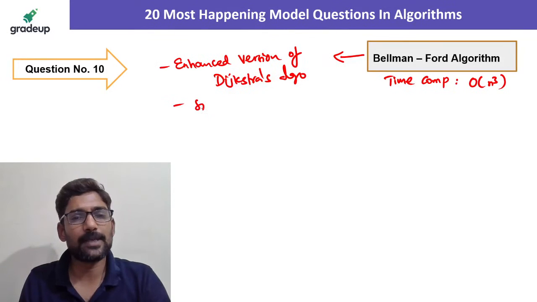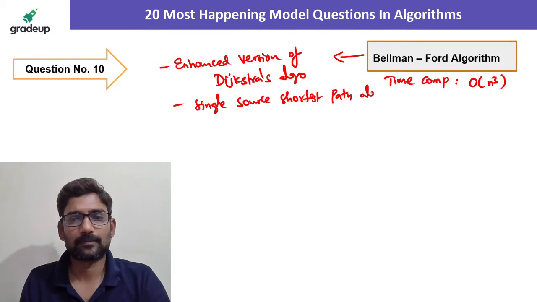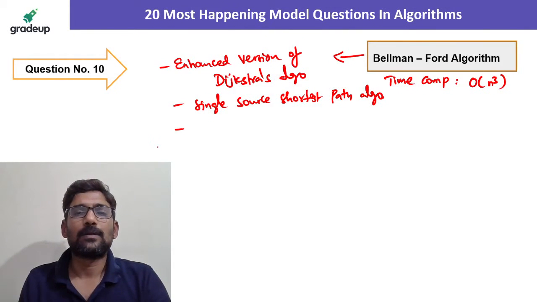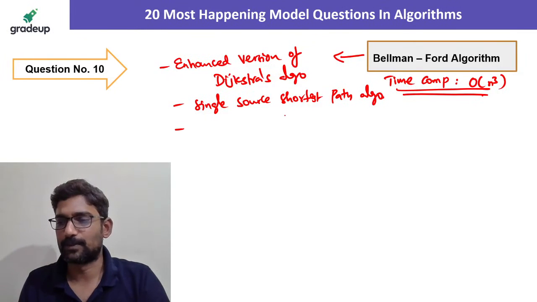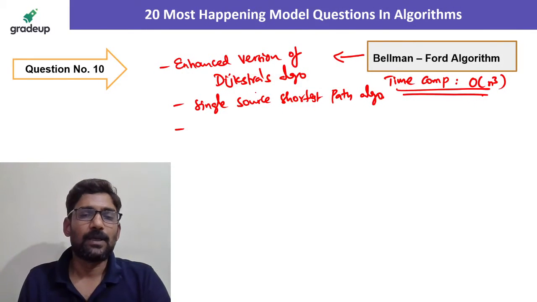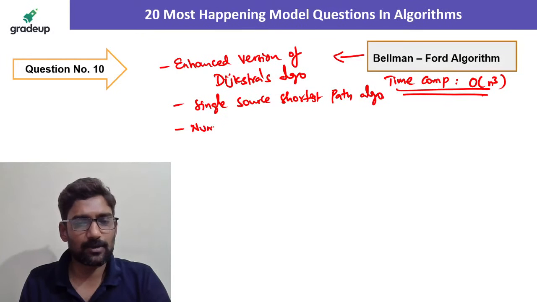Bellman-Ford algorithm is a single source shortest path algorithm. This is the worst case time complexity. Yeah. And you may get some numerical question also.